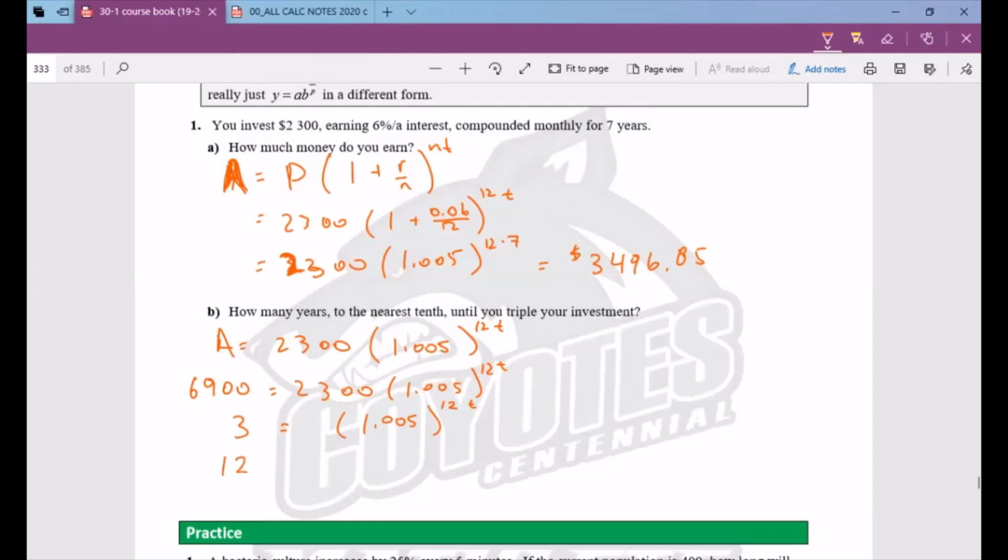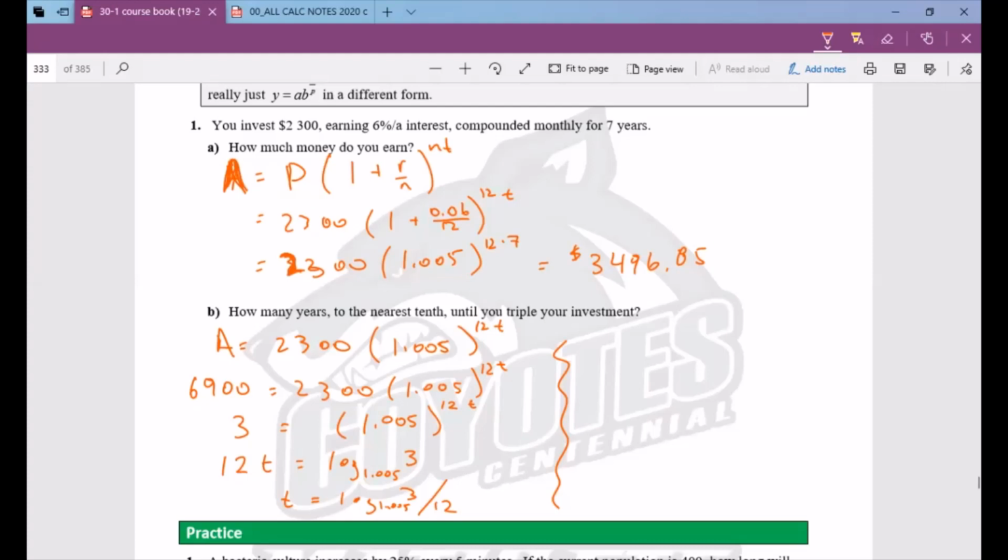Swap this around into log form. We end up with 12t is equal to the logarithm of 3 with a base of 1.005. T is equal to the logarithm of 3 base 1.005 over 12. And again, if your calculator can handle where you change the base, that's fine.